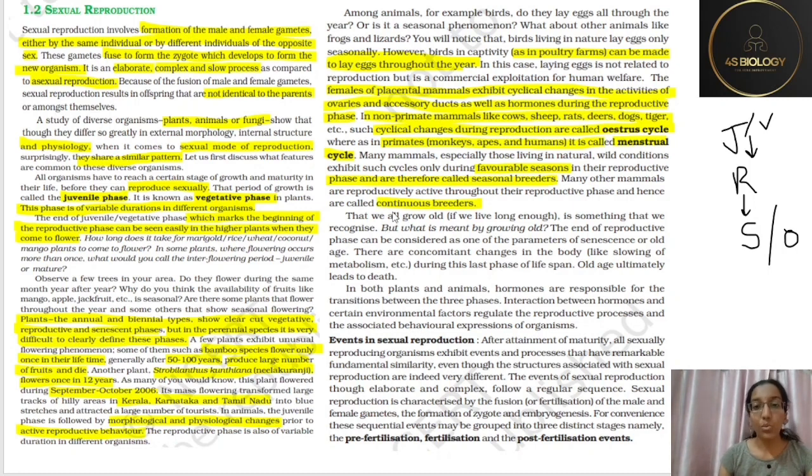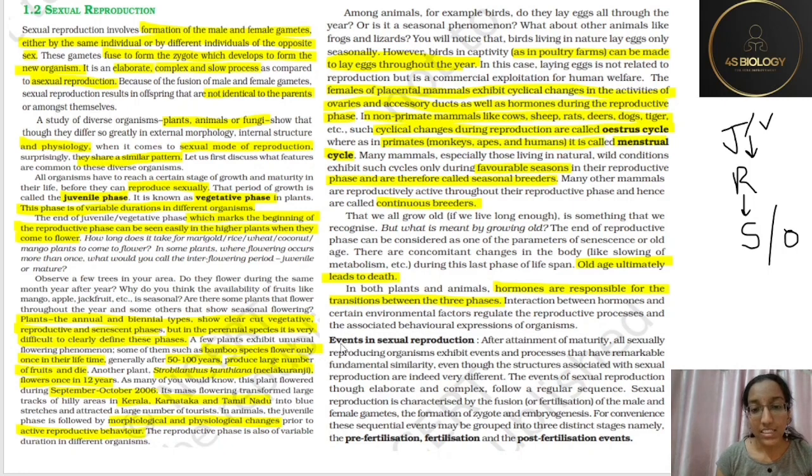Okay, that we all grow old is something that we recognize. There are concomitant changes in the body during this last phase of lifespan. Old age ultimately leads to death. Old age is the senescent phase, and then death. In both plants and animals, hormones are responsible for transition between the three phases. It is really important.